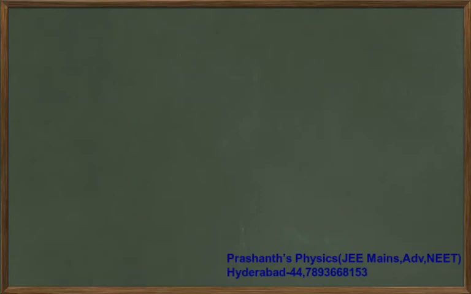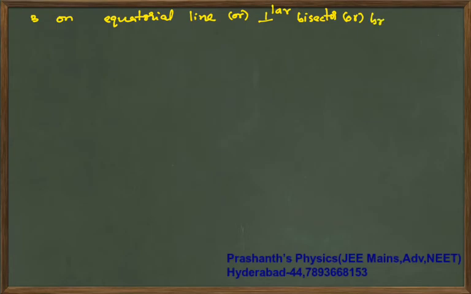Now we will continue with the magnetic field, B bar on the equatorial line, or you can say perpendicular bisector, or it is also called broadside on position. All these actually mean the same.